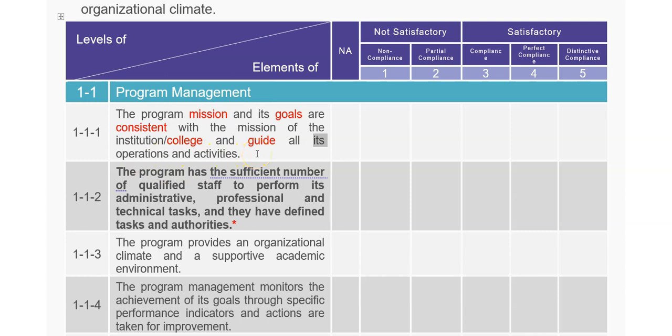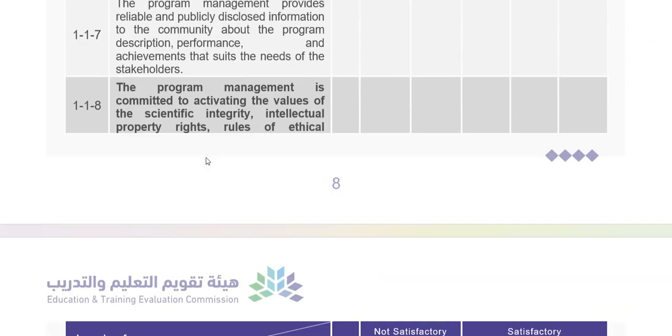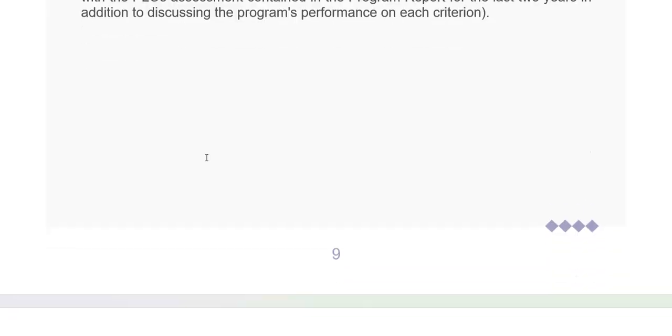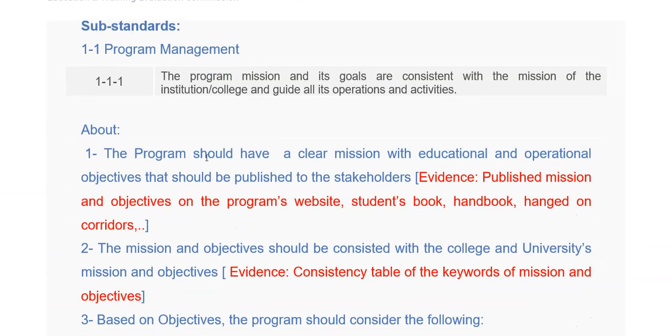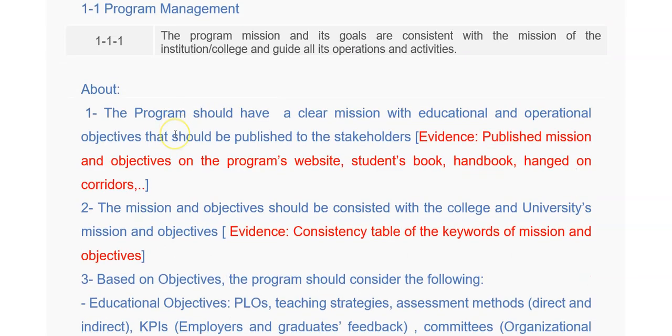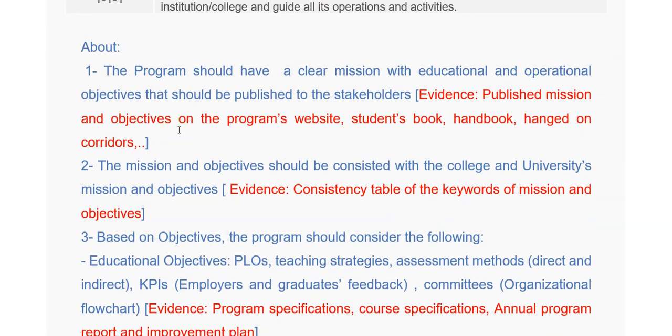So you have to provide your mission. If we start with the criterion number one, what is this about? It is about the program having a clear mission with educational and operational objectives that should be published to the stakeholders.